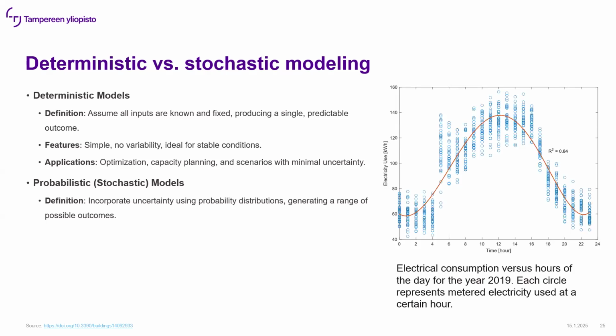So for example, here, rather than using this polynomial regression line, there's electrical consumption versus hours of the day for the year 2019. In your model, you could take one specific scalar number for each hour, or you could see that for each hour there is a probability density function in here.